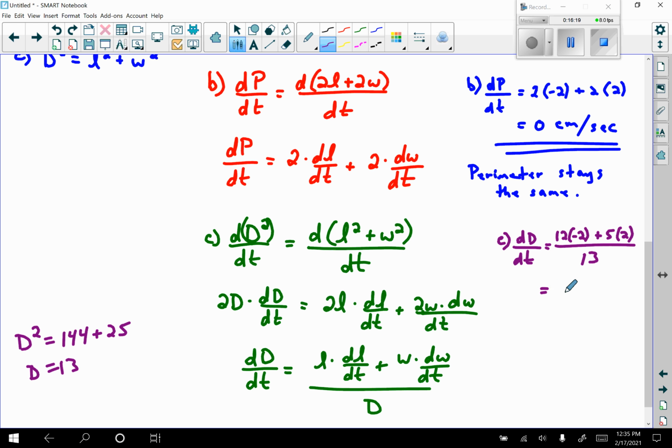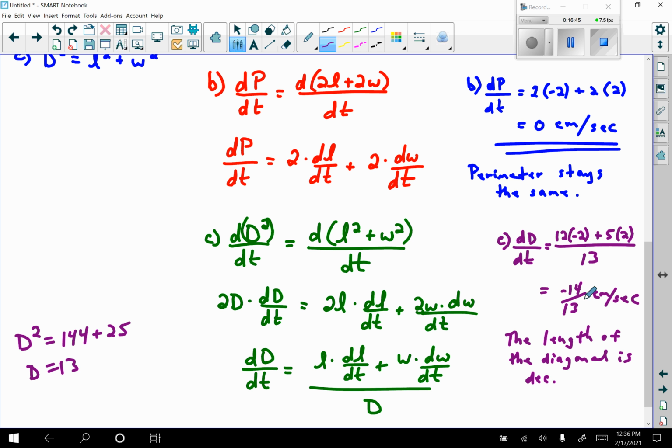So we'll get negative 14/13 centimeters per second. And that would tell us that the length of the diagonal is decreasing, because its rate of change is negative.